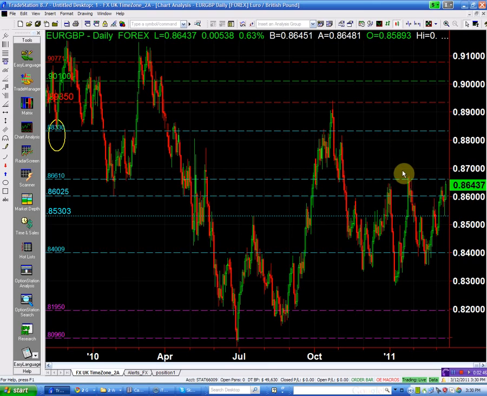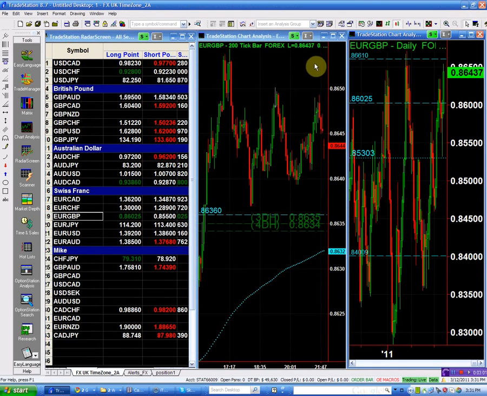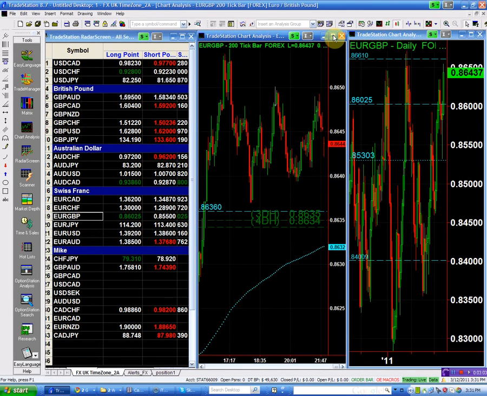not sure, is it 86? I will leave it at around 86.60. So let's look at the intraday chart and identify an entry point.